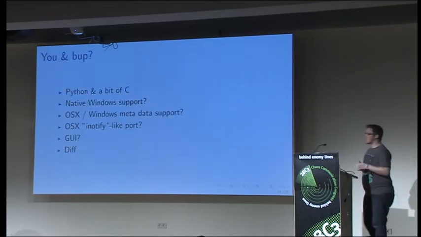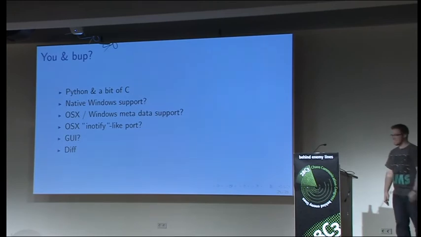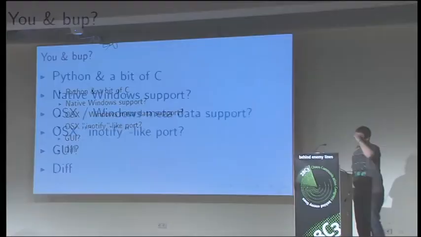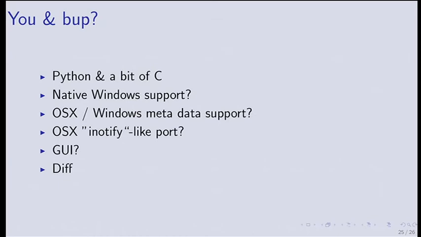Don't ask what BUP can do for you. You know it? Yeah, it's Python. Performance critical parts like calculating the rolling checksum are implemented in C. We don't have a native Windows port. BUP runs in Cygwin, fine.